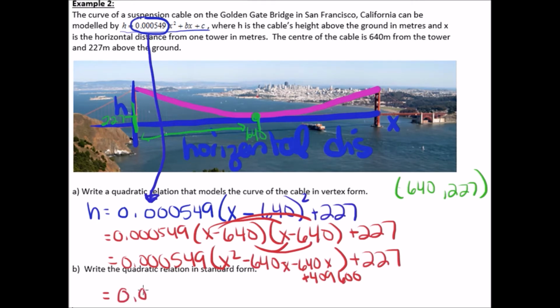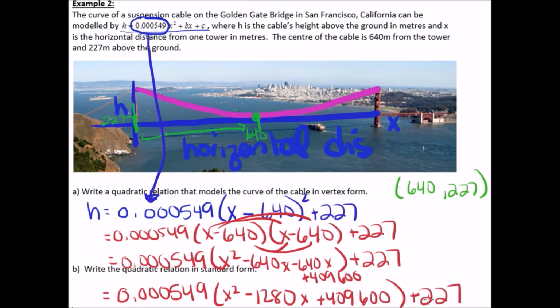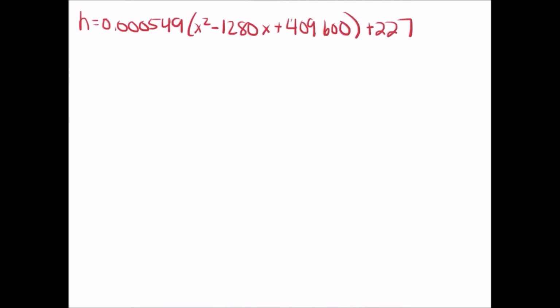So 0.000549, and then we're going to have x squared minus 1280x plus 409,600, and then plus 227. Okay, here's the next page. So what we're going to do is multiply this number into the bracket.